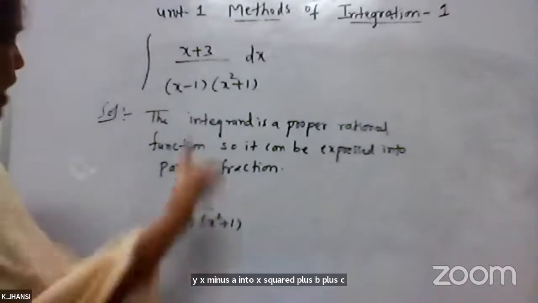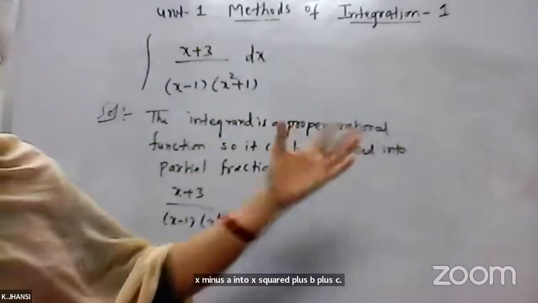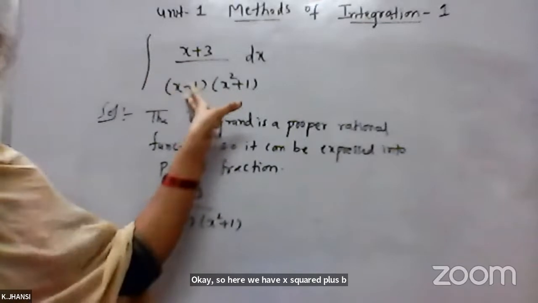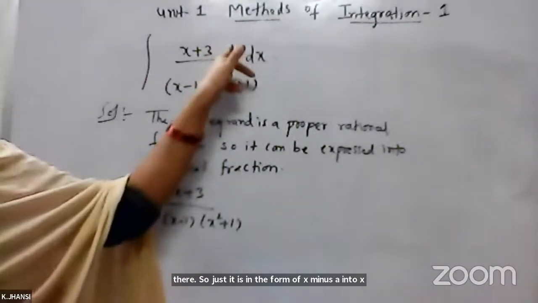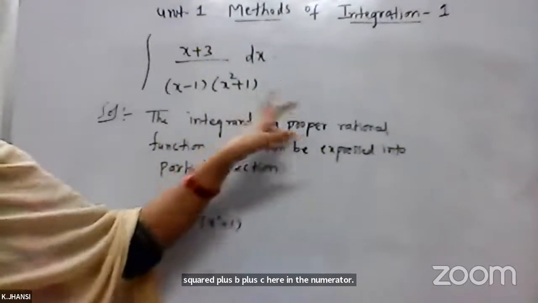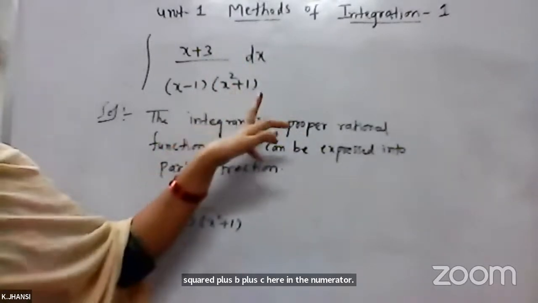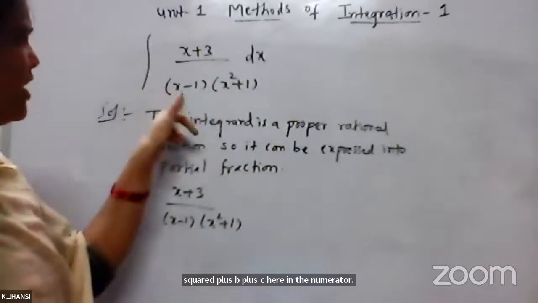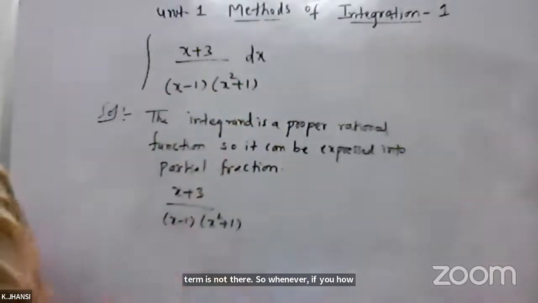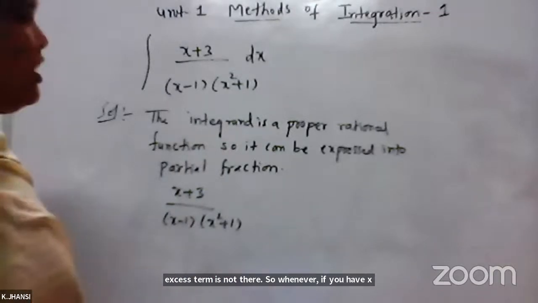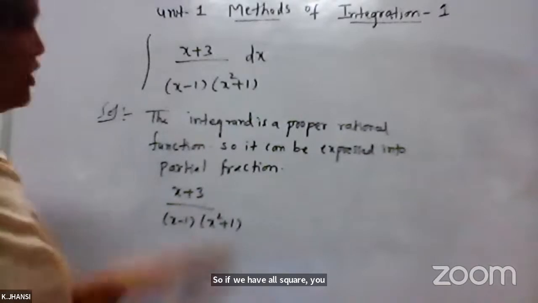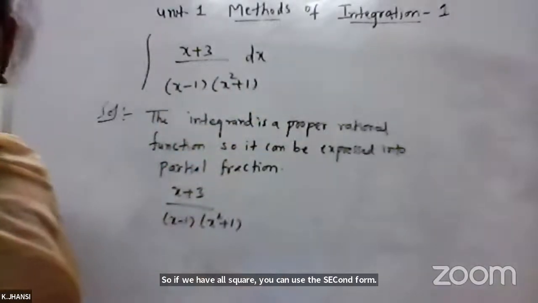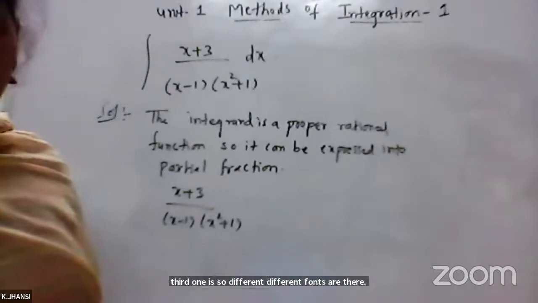Here it is in the form of x minus a into x square plus bx plus c. Whenever you have x minus 1, x plus 1, we can use the first form. If you have whole square, you can use the second form. If we have 3 different terms, we can use the third one. Different forms are there, and here we are using the fifth form.